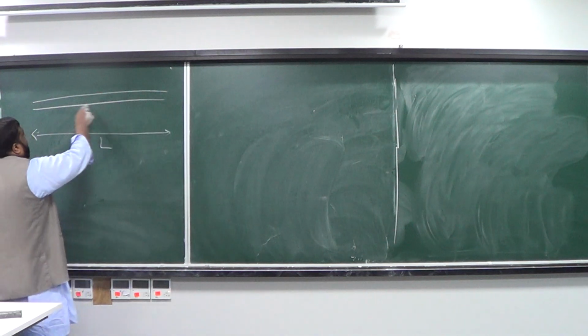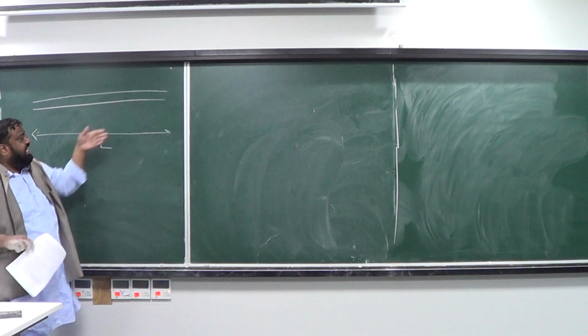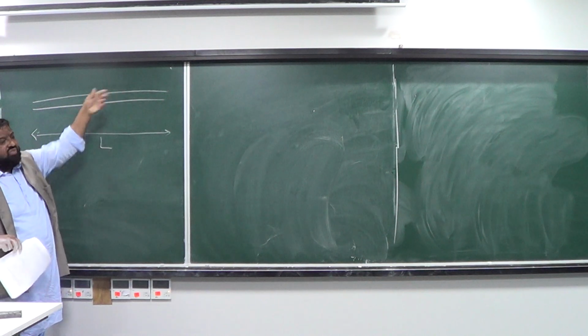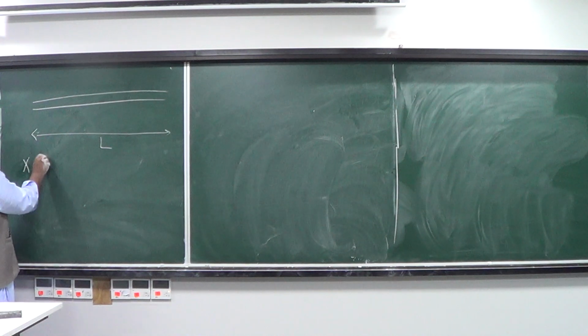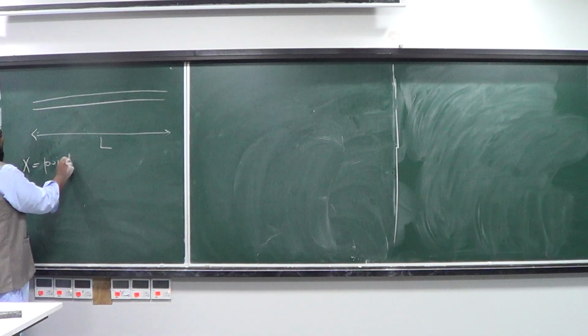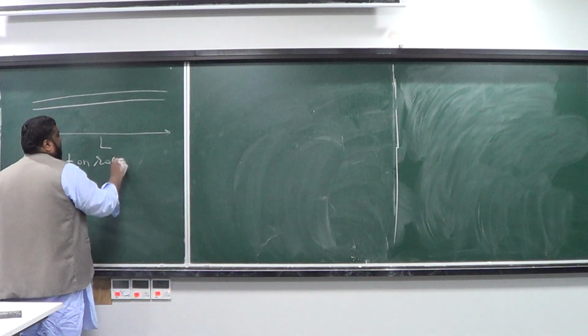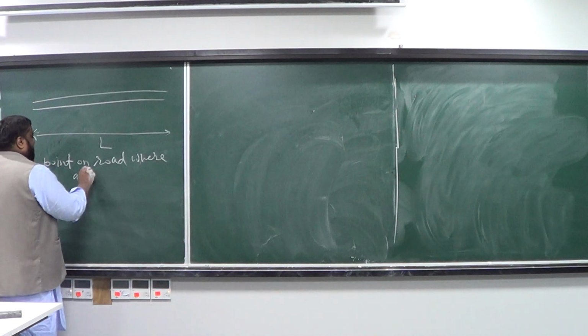In other words, at any point on this road that has length L, an accident can occur. So I'm saying that x is, for example, the location on the road where the accident occurs.